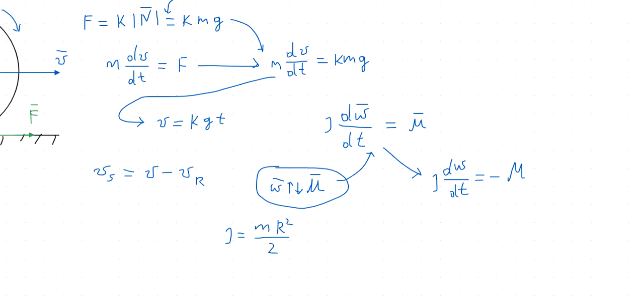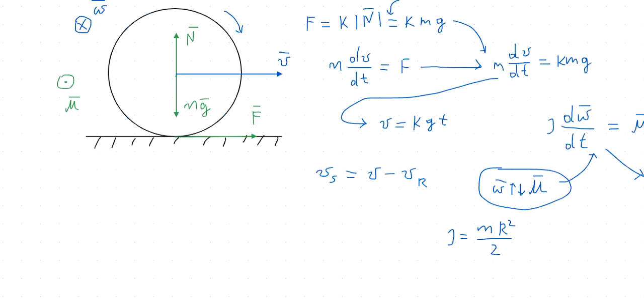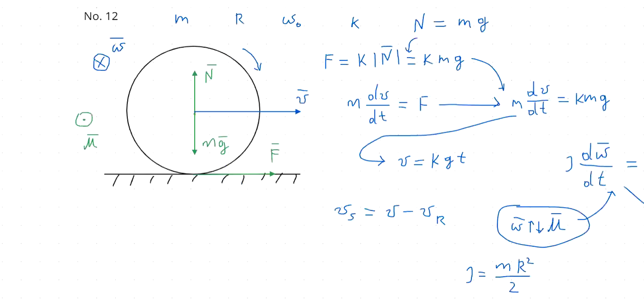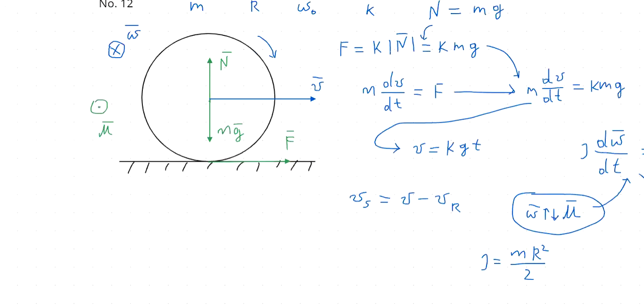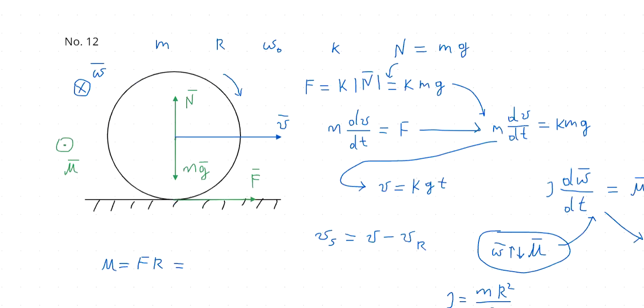Okay, and what about the moment of force of friction? According to this picture, the moment of force of friction will be M equal to F r, and as you can remember, F is equal to kmg.